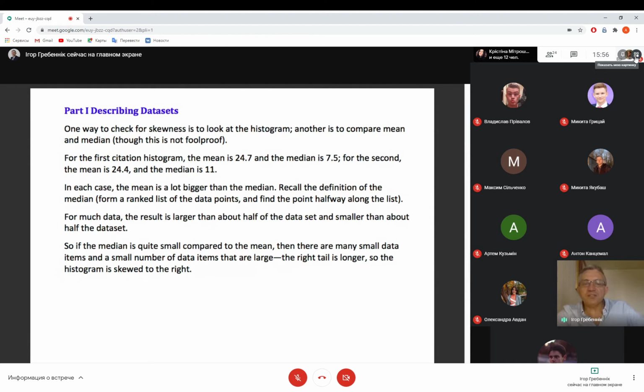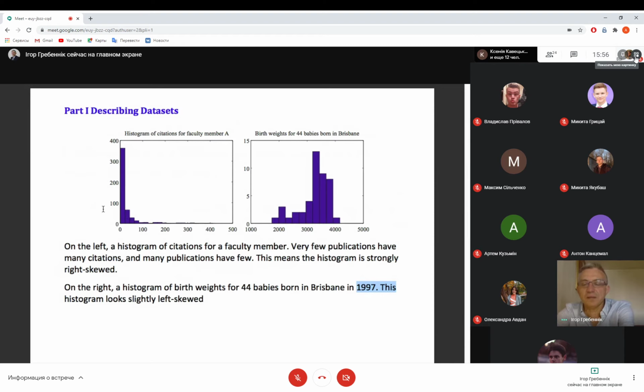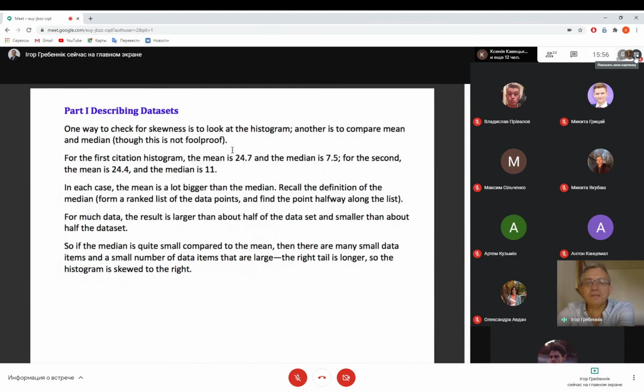For the first citation histogram, the mean is 24.7 and the median is 7.5.